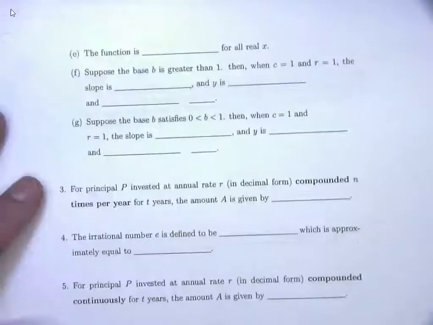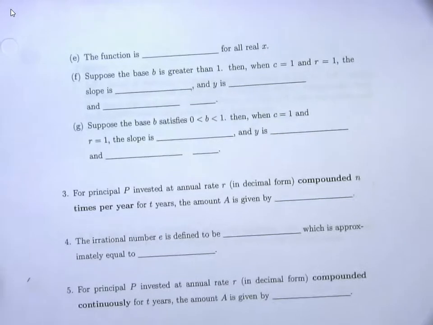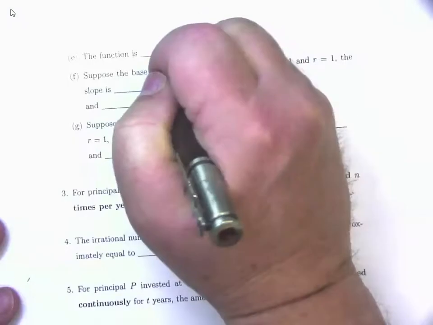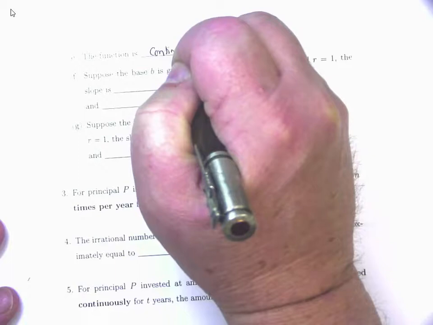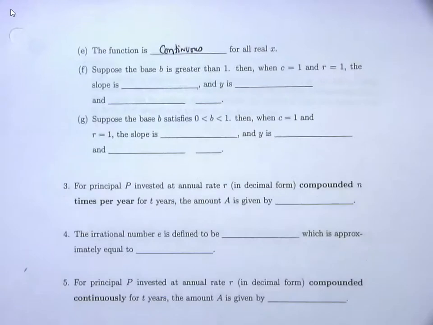Okay, we got some more little discussions to talk about here. What kind of function do we have here? When you look at those graphs, what did you notice? They are continuous. I'm going to go back to your college algebra definition of continuous: I didn't lift my pencil from the paper when I'm drawing these exponential growth or decay models here.